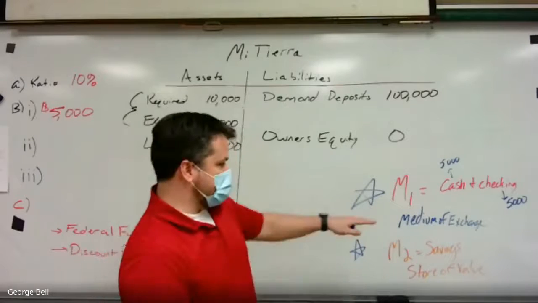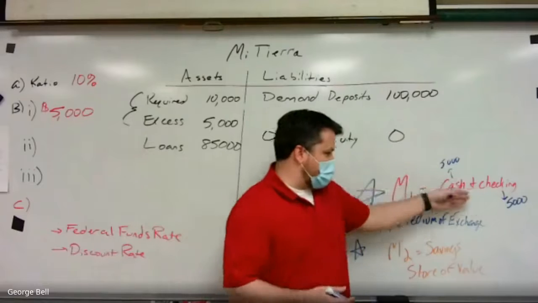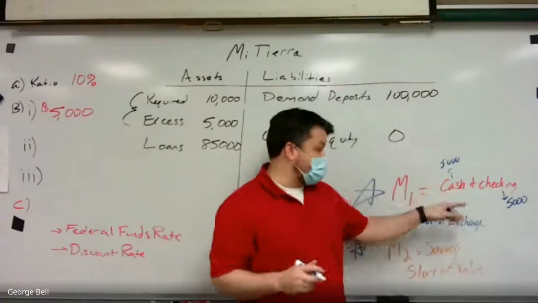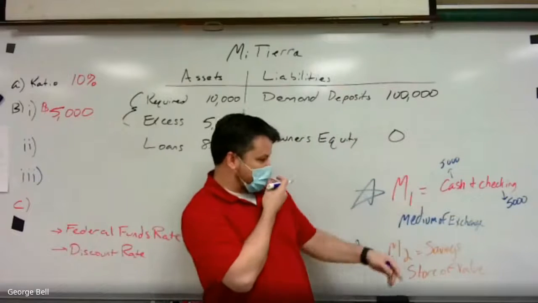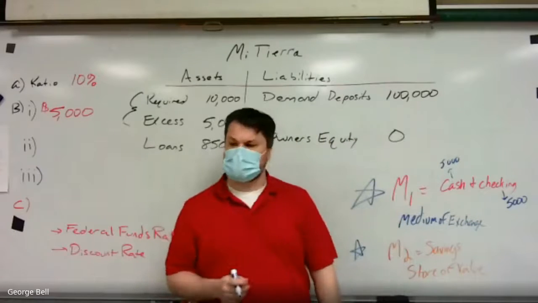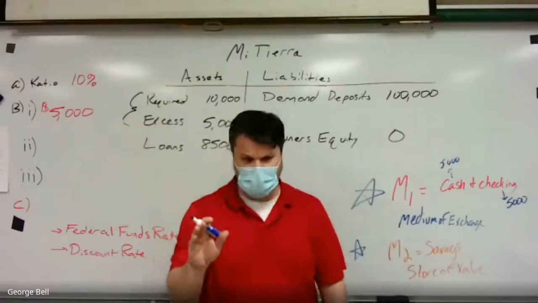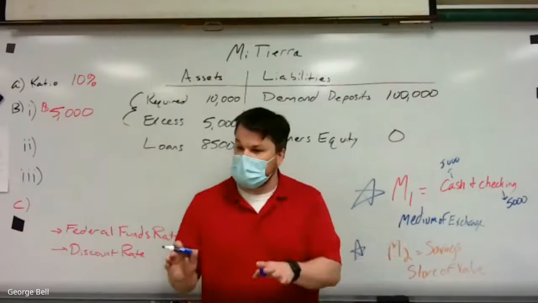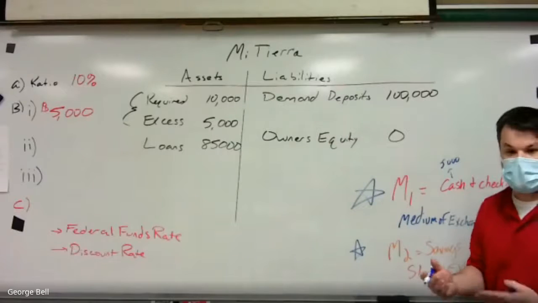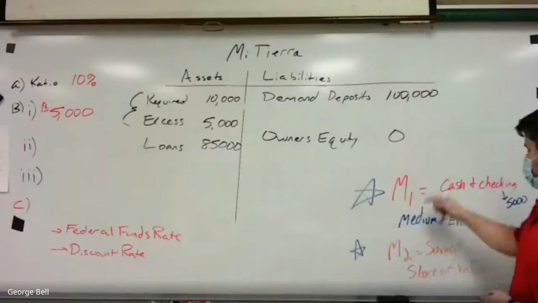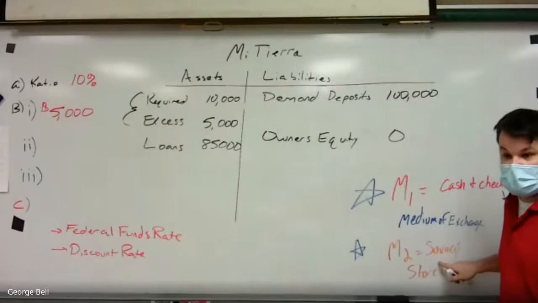Because all that happened is that the amount within M1 modified a little bit. We call this the composition of M1. Checking went down $5,000, cash went up by $5,000. That means M1 stayed exactly the same. Now I'm going to throw a little monkey wrench at you. Let's pretend it said that Luis moved $5,000 from his checking into his savings account.